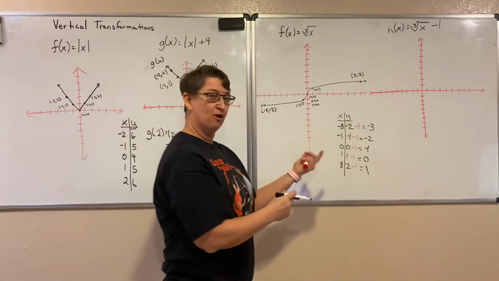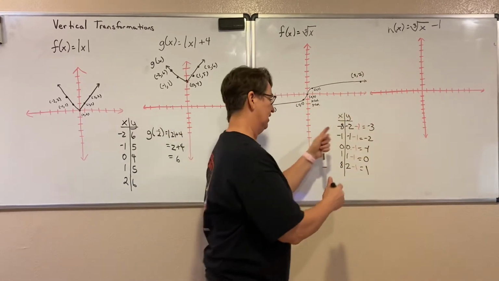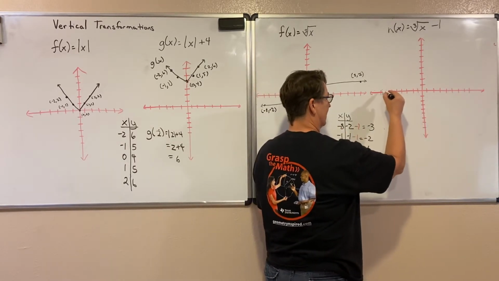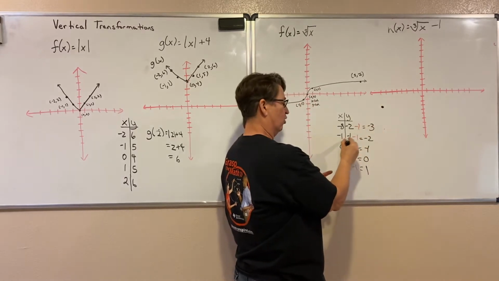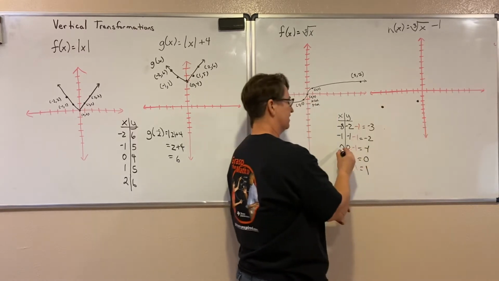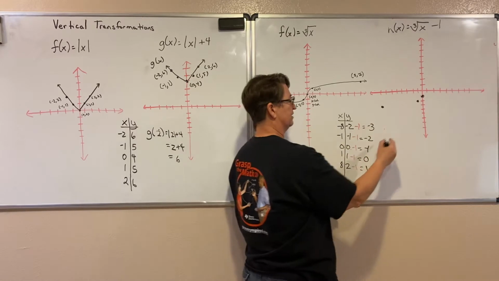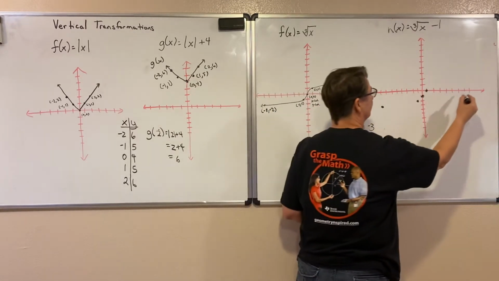So I now have 5 new points for this new function that we've created. And those 5 points are at -8, -3, -1, -2, 0, -1, 1, 0, and 8, 1.